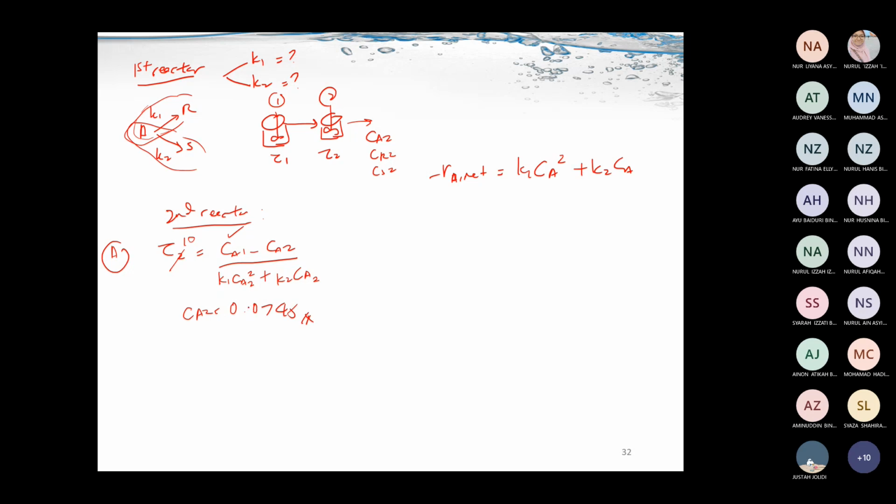And then you need to get what is CS2. So for CS2, for component S, tau 2 should be equal to CS2 minus CS1. So how about the bottom part? Should it be the same as this one?